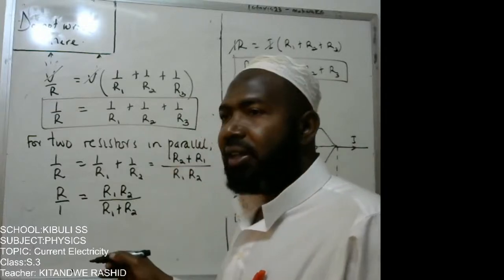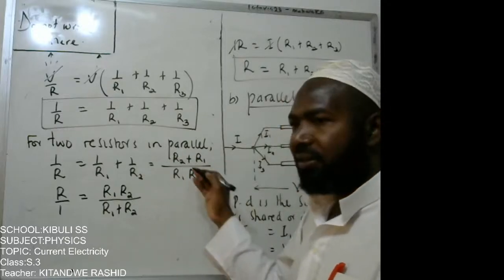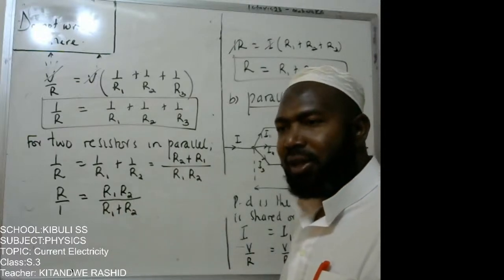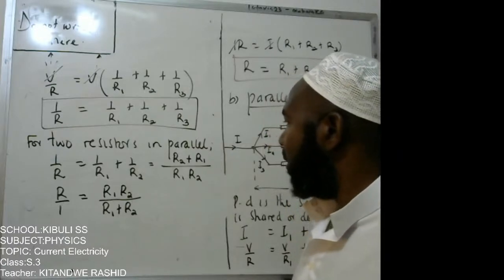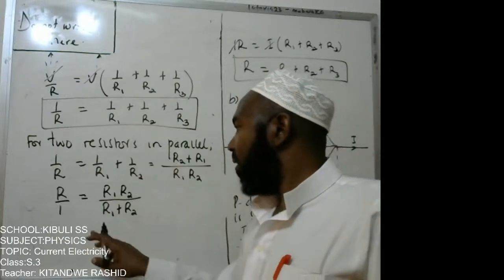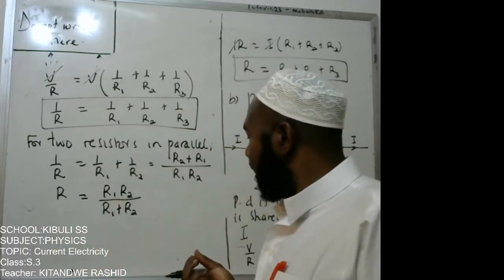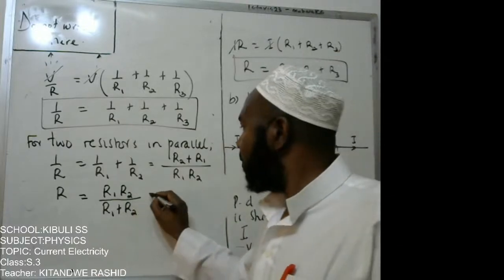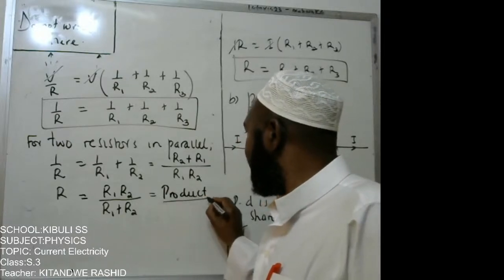So addition has no problem with interchanging. Whether it was R2 plus R1 is the same as R1 plus R2. There is no serious problem with that. So therefore, the R over 1 is the same as R. And if it's the same as R, therefore effective resistance for two resistors is going to be the product of the resistances divided by the sum of the resistances.